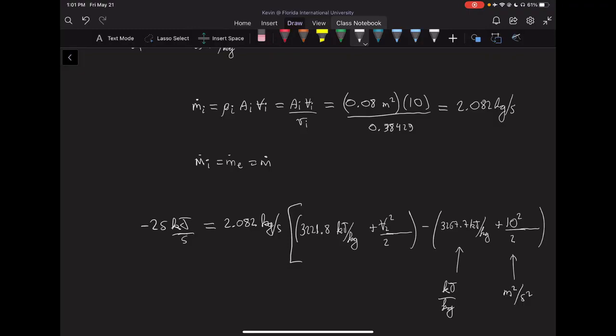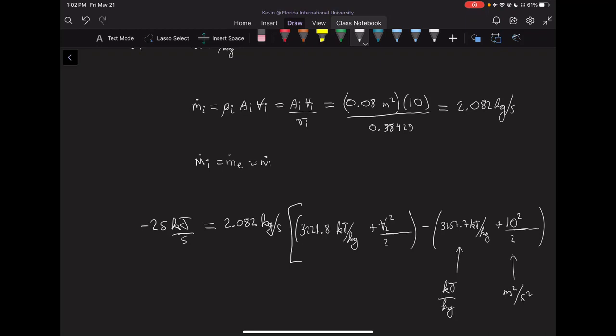How are these two equations related to each other? How do meters squared per second squared and kilojoules per kilogram correlate together, and why does this make sense?